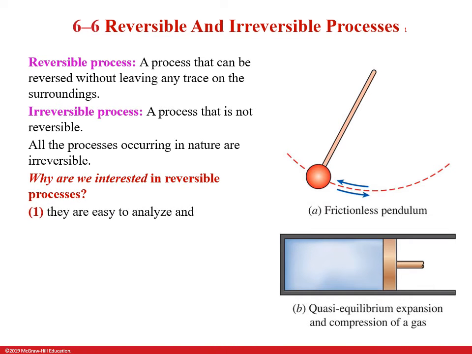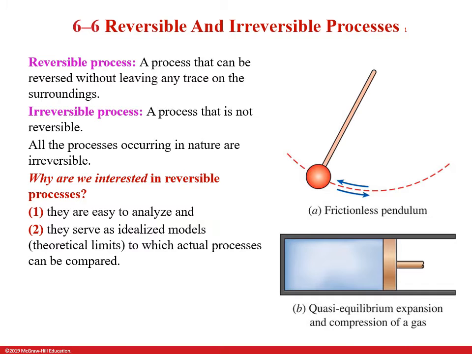The reason is, number one, reversible processes are easy to analyze, and they're sort of an idealized model. It's the theoretical limit of what you could possibly get out of a process. So it represents sort of the best case scenario that you could possibly get out of an actual process.